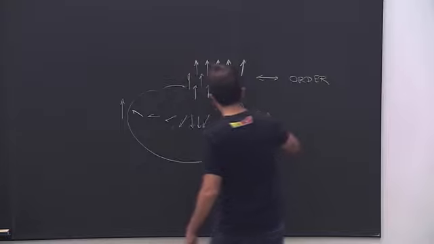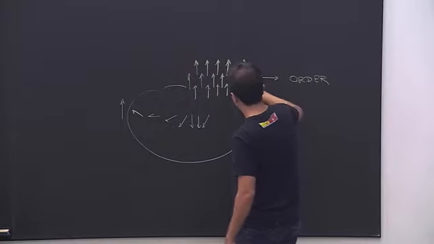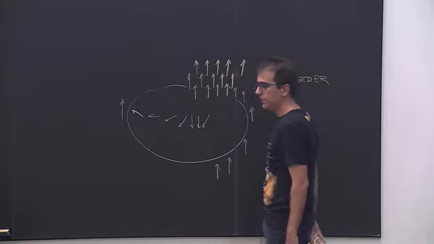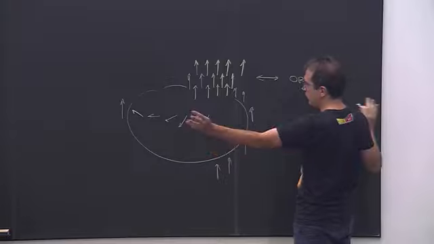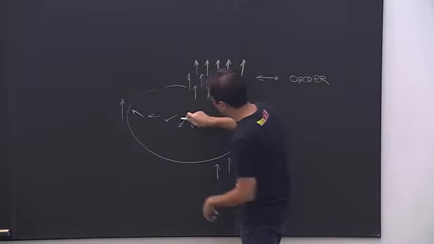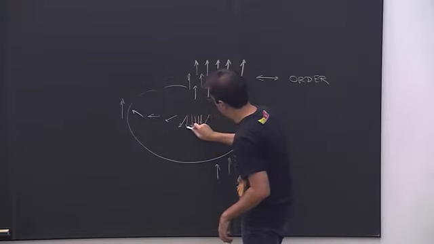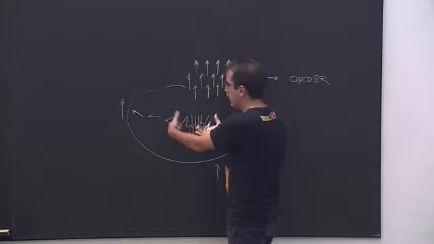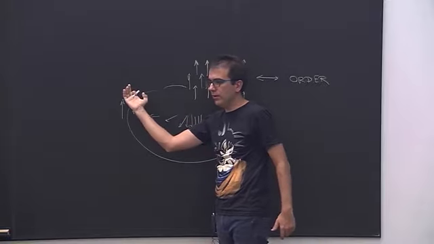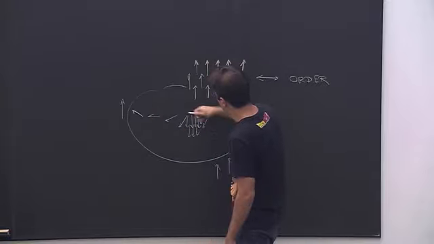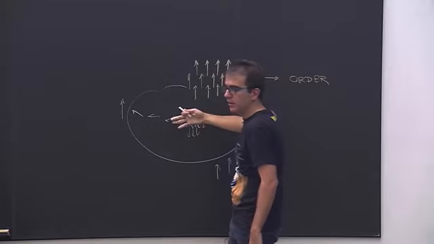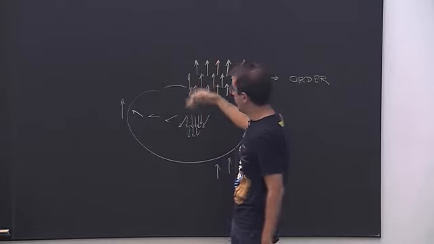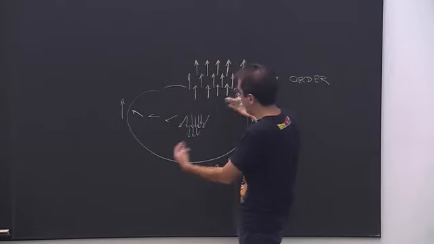Let me not draw what's inside here, and then here everyone up. So you start with everyone up, and here you flip a puddle, you flip a big bunch of spins, and now you have here a domain where almost everyone is down, and then they change smoothly to up. And when I say down, it could be down or it could be any other direction, which is not the same as the one outside. And that would be favorable, that would be favored.